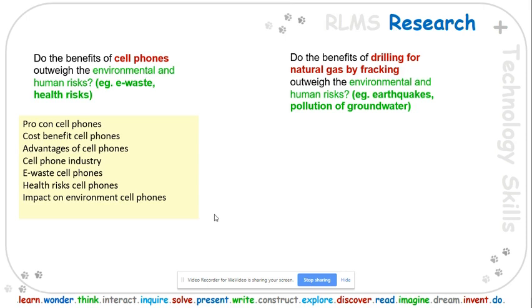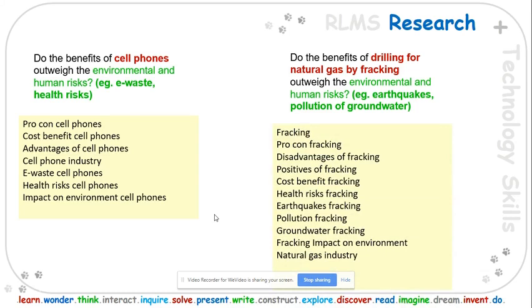So e waste cell phones will get you e waste from cell phones. And again, you can look at health risks and cell phones, or impact on environment and cell phones. As you start to combine these words, you start to dig down and get the information that you're looking for in your background research.